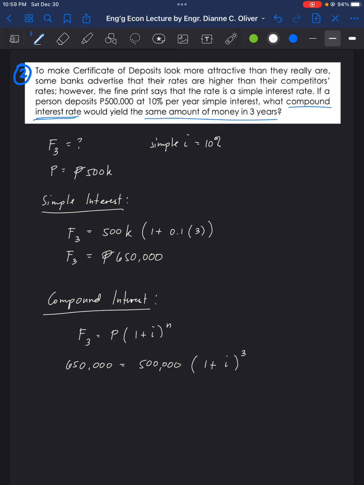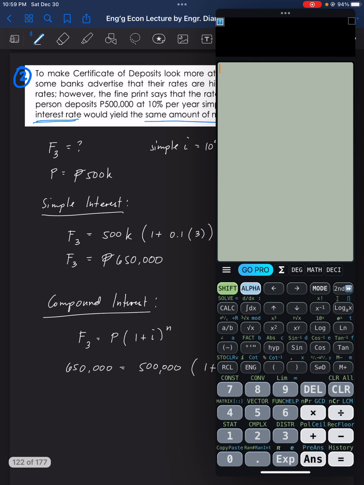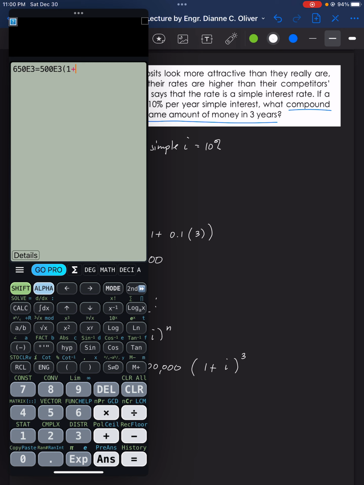So what is now the value for i? From your calculator, if it can use the shift solve function: 650,000 equals 500,000 times 1 plus x raised to 3.